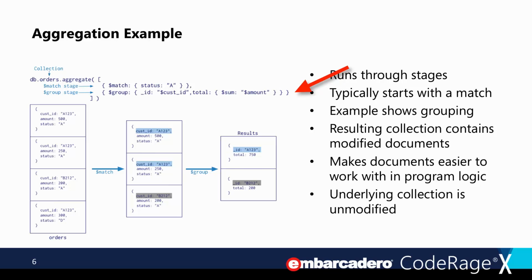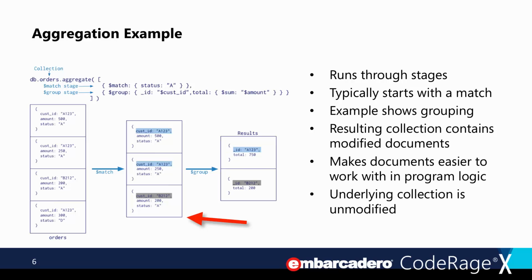If we look at the boxes here, each box represents a document. The first column is all the orders within that collection. We have one order right at the bottom that's got a status of D, which we don't get because it doesn't match our match criteria. The second column has the orders that match our criteria. Then we group those by the customer ID, which you see there.